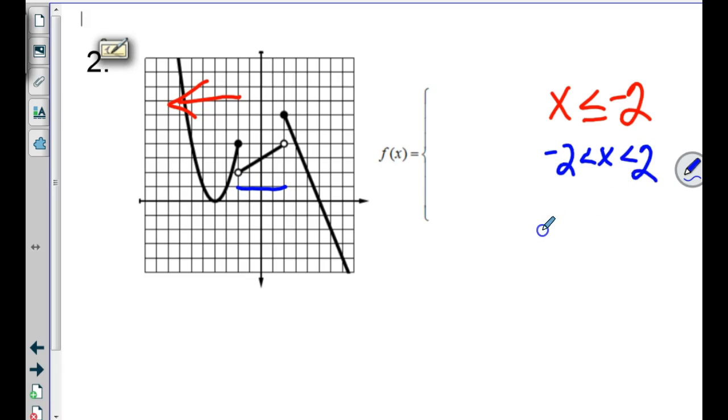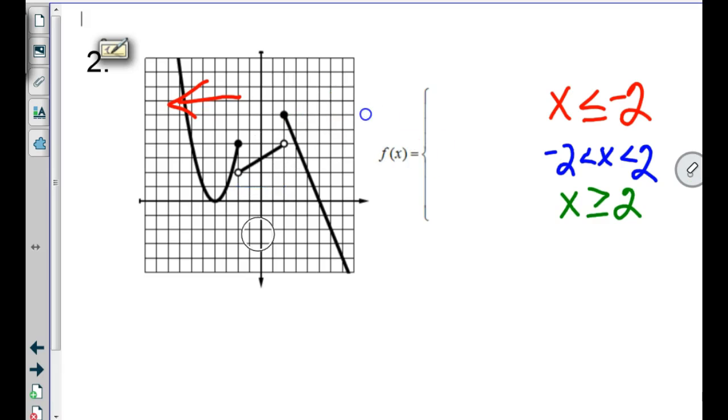Okay, do I need or equal to's? Not on either end. And then the last chunk goes from, yeah, it's 2 to the right, guys. So it's x is greater than 2, but it does have a solid, so it's or equal to. Just because the line's going down, that doesn't mean anything, right? The x values are going to the right, so it's still.